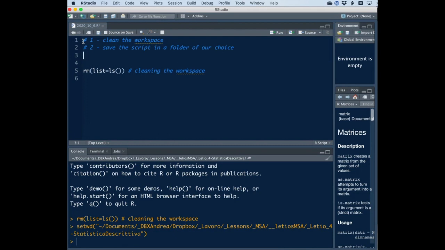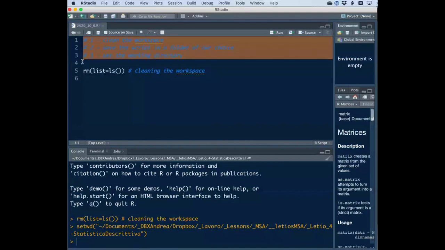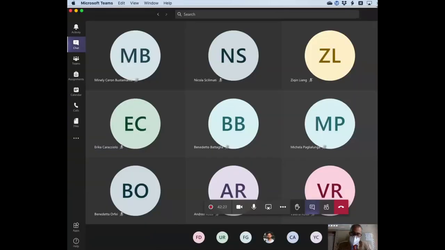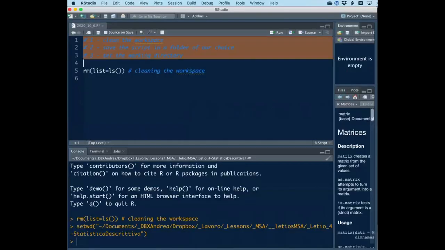Then, third step, set the working directory, right? So these are the 3 steps we need to learn and do them at the beginning of every R session, right?